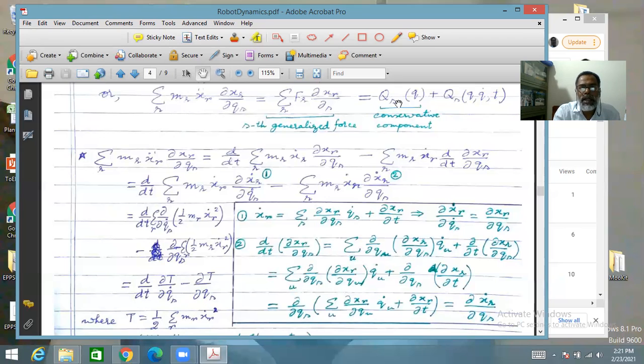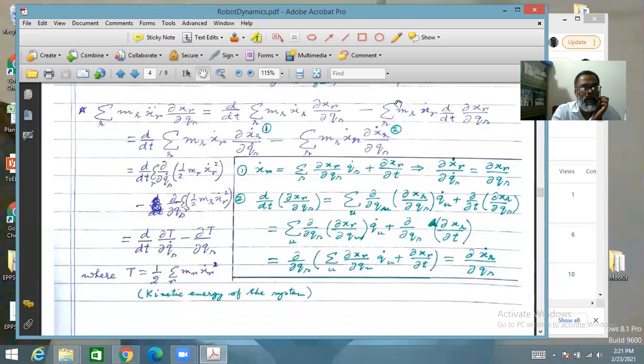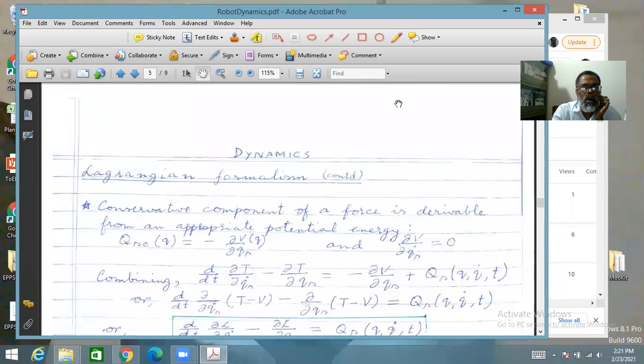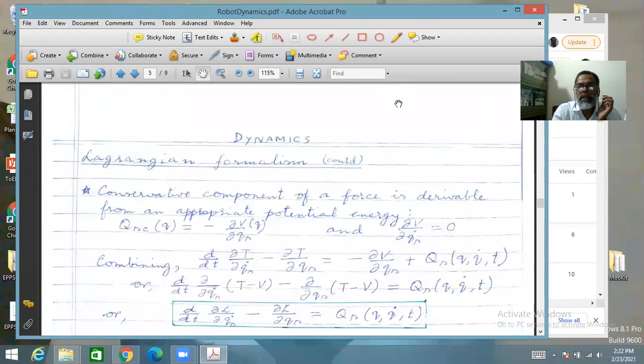Now take up the right side. Right side has a conservative component of a force and a non-conservative force. Now, the conservative component of a force is derivable from an appropriate potential energy. That is what makes it conservative.